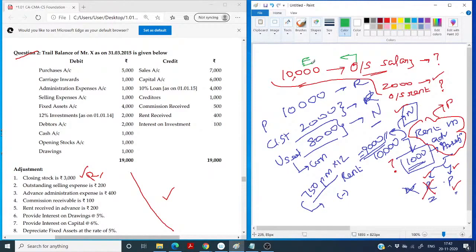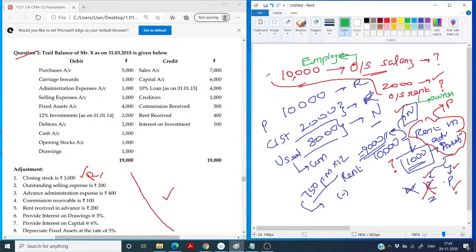This will be for the employee. Yes or no? At least this one is for whom? Owner of the property, am I right? Yes or no? So whenever I tell you it's an outstanding salary and give you cash, whom are you going to pay this to? To the concerned person, right?